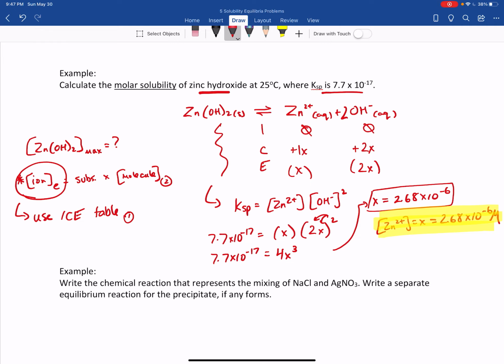We can relate it back to the concentration of the molecule. So we can say zinc and the molecule are in a 1-to-1 ratio, which means their concentrations will be equal. So we can say, therefore, the concentration of zinc hydroxide, right, 1-to-1, is equal to 2.68 times 10 to the negative 6 moles per liter.